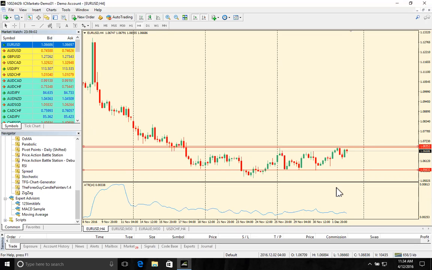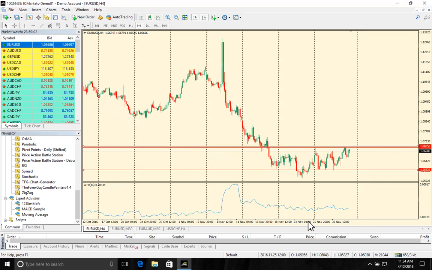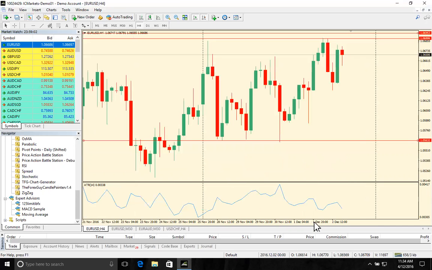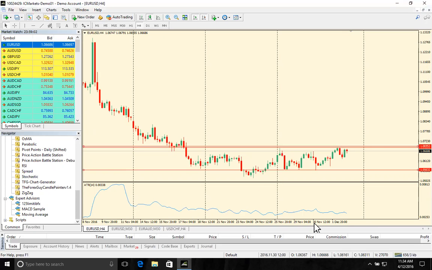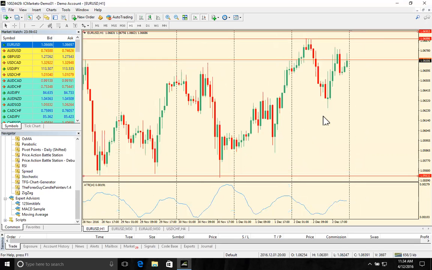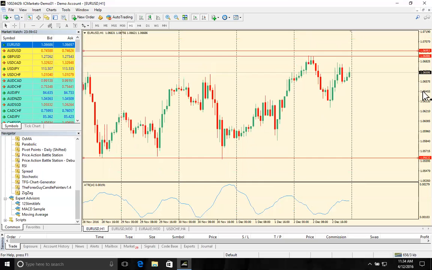Is it too close? How many pips is it? 17 pips, and the volatility is 33 pips. So I think that's good enough. If you look at the same stop loss in the other time frame, you will see a much better picture.